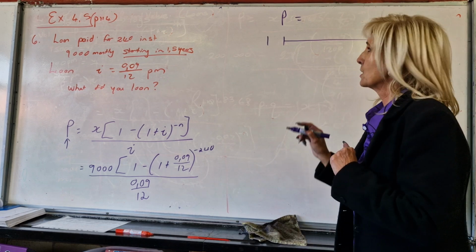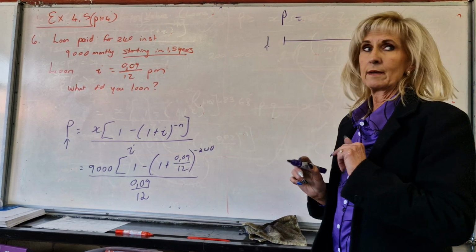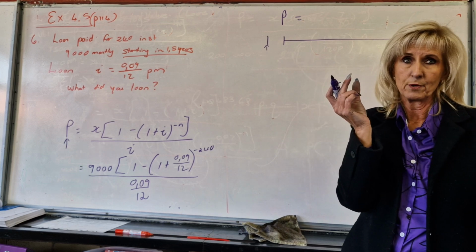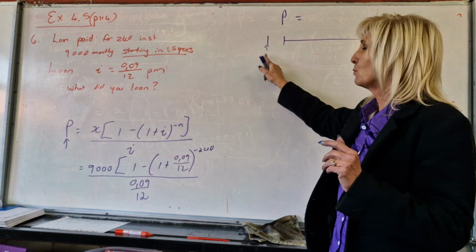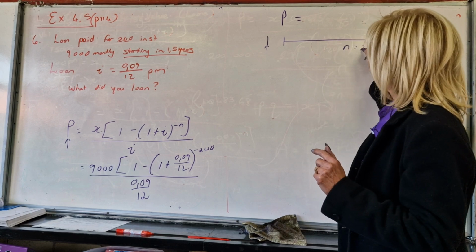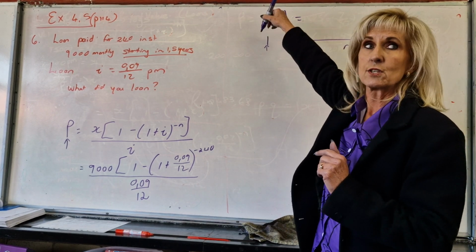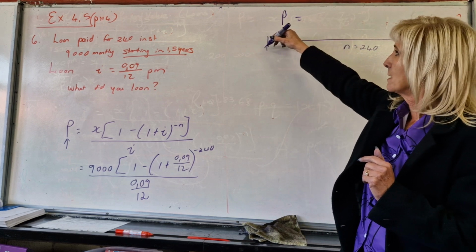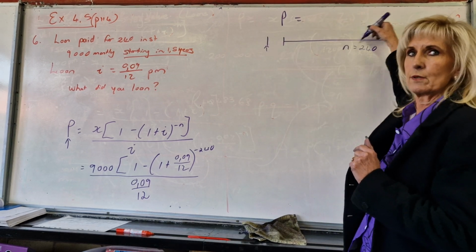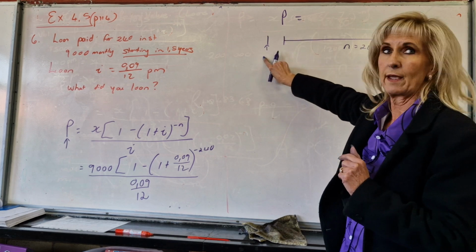So if I paid and I know what P there is, I've got to have that little gap there. Are you with me? But that was when I started paying for 240 times. So this is at the start of 240 times. Paying once, twice, whatever. So that amount is what I've got there.